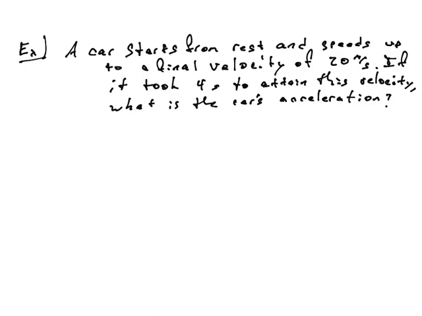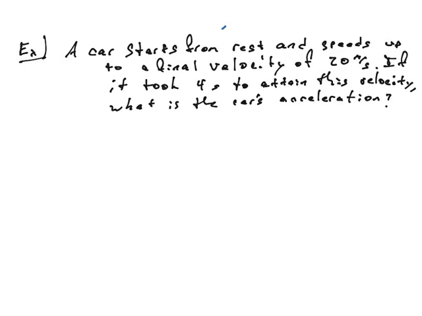So this is a typical physics problem, kinematics. I'm going to walk you through my thought process. How do I think about these problems? How do I solve the problems? The first thing I do when I read the problem, I try to write down everything I know. So let's read it and see if we can pick out pieces of information that are useful. A car starts from rest and speeds up.